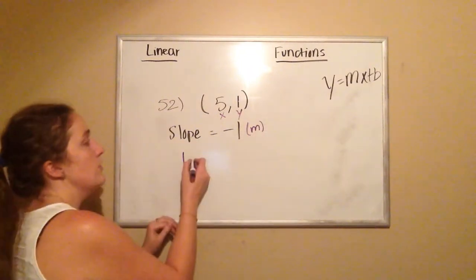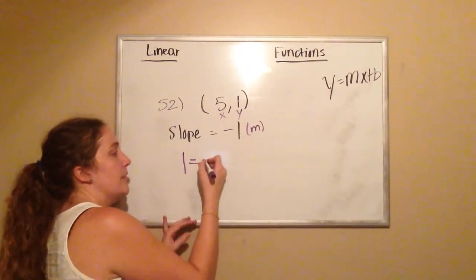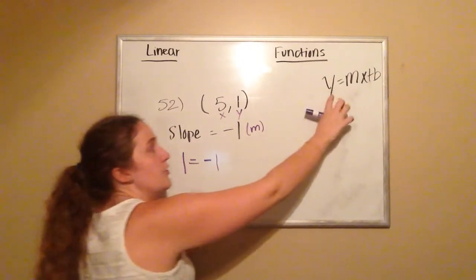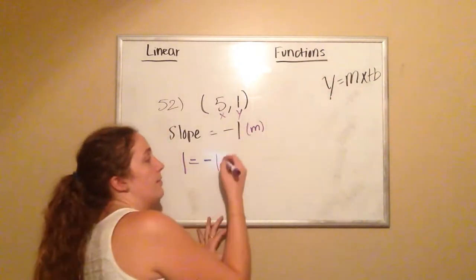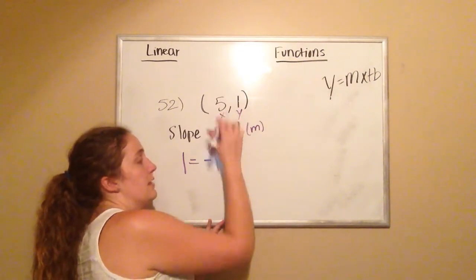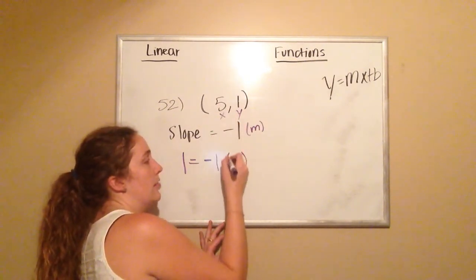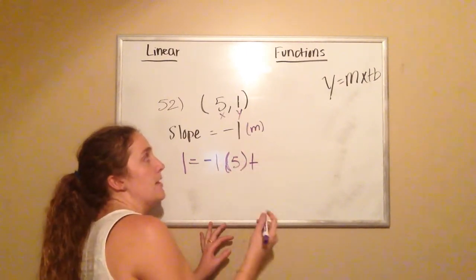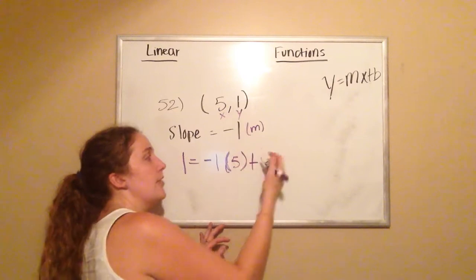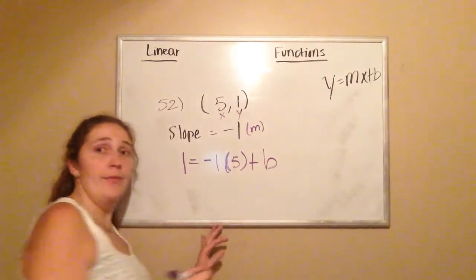Okay? Equals our m is negative 1. I'm just using this equation, plugging in what I know. Okay? X is 5. That's just a parentheses, amazingly enough. Plus b. We don't know b yet. It wasn't given, so I just leave it as a variable.